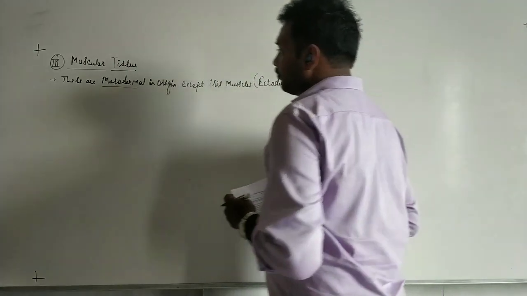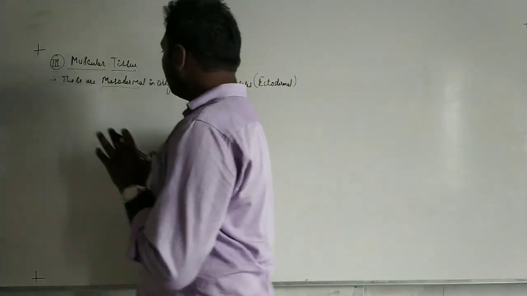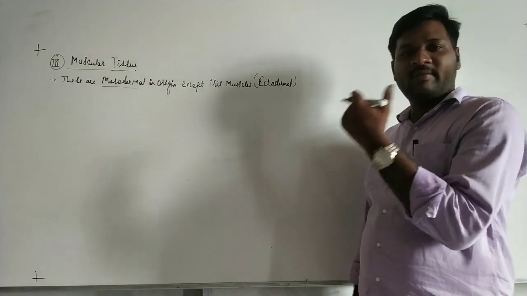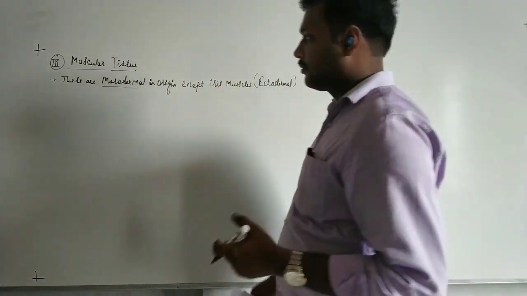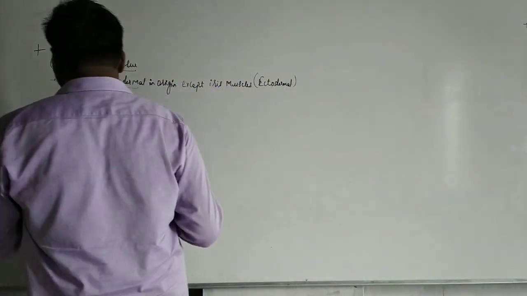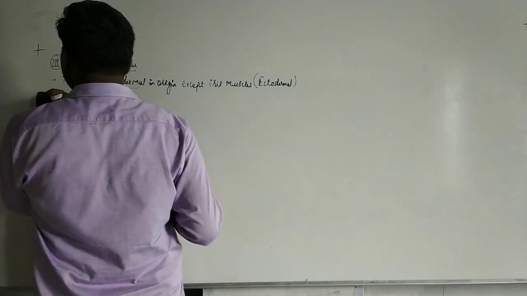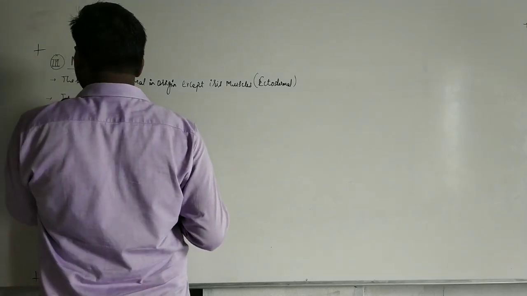So basically muscular tissues are mesodermal in origin, that is they are found in between the ectoderm and the endodermal region.